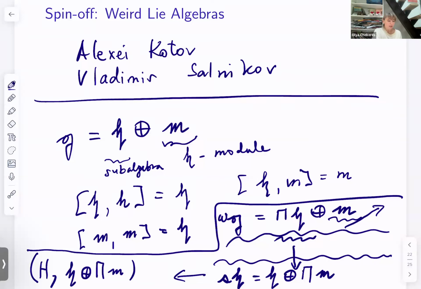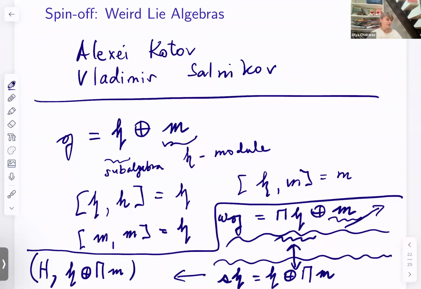So on the level of the algebras, by shifting parity, we can go from odd to super, there is probably no new information. But on the level of the group structure, when we integrate these objects, something interesting should come up.